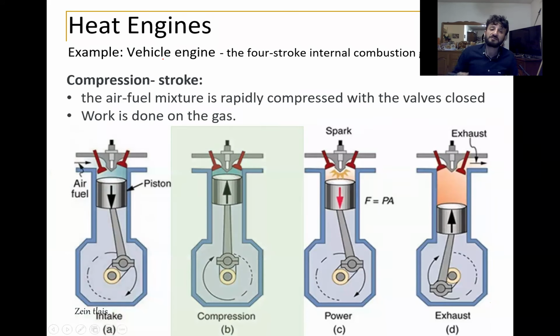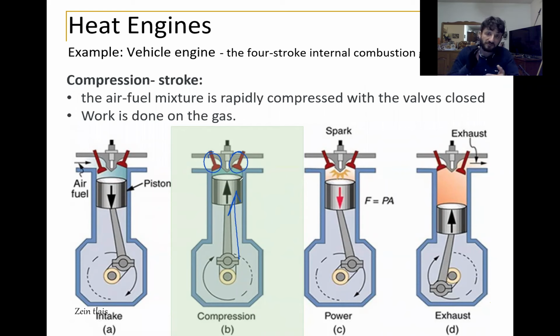In the second step, we have a compression stroke, where the air-fuel mixture is rapidly compressed, as you see here, with the valves closed. It means these valves are closed, so we have a closed system.